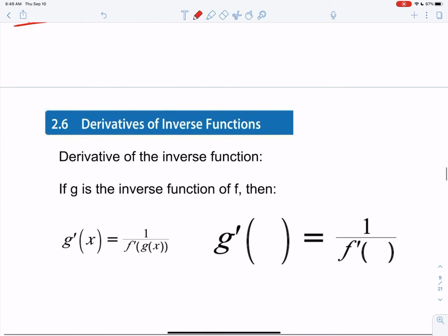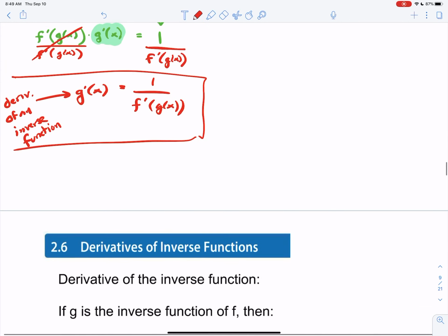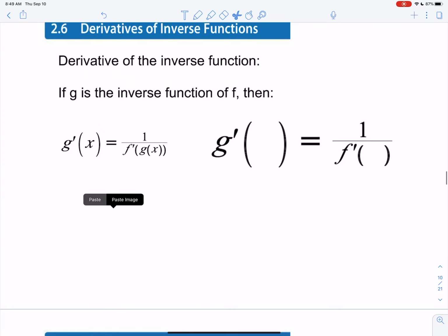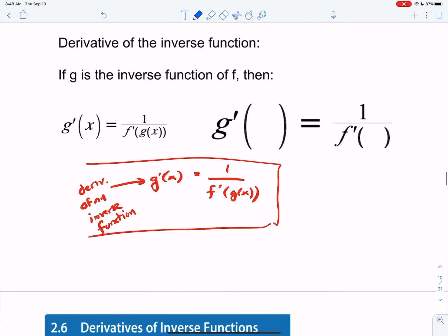So here we go. What's happening here is, let me cut and paste this so that I don't have to keep scrolling. What's happening here is, every time you're dealing with an inverse function and you're asked to find the derivative, right?